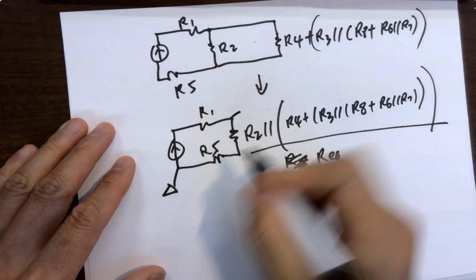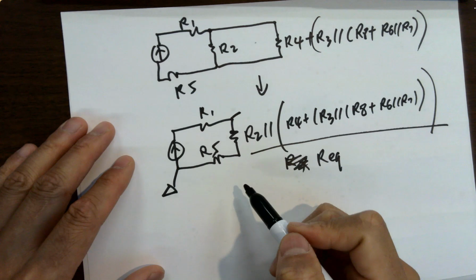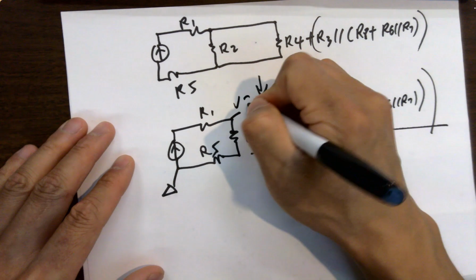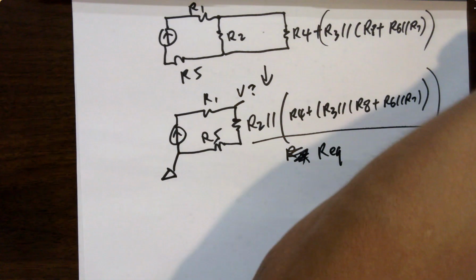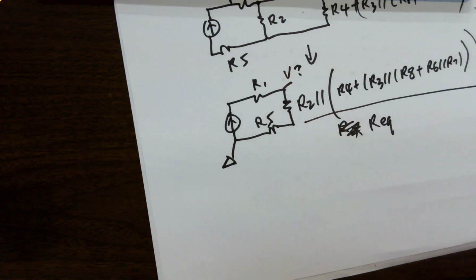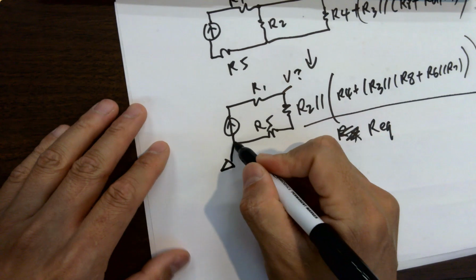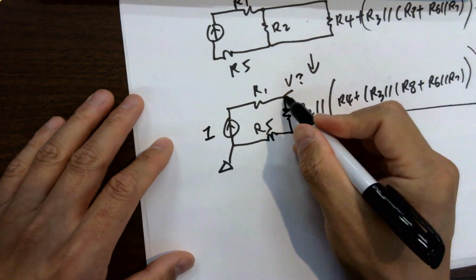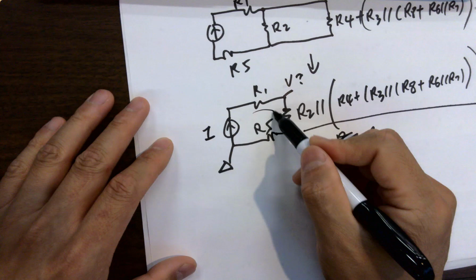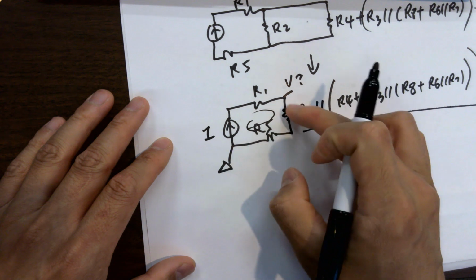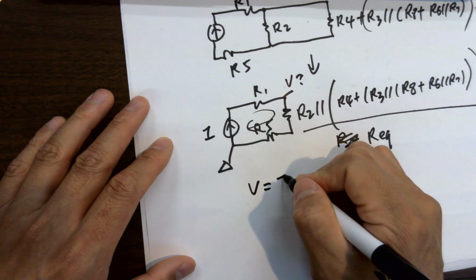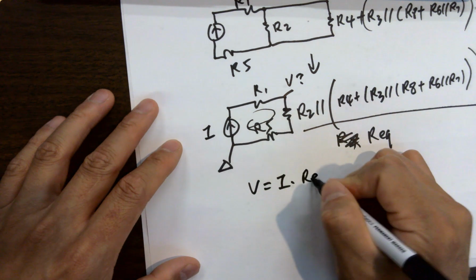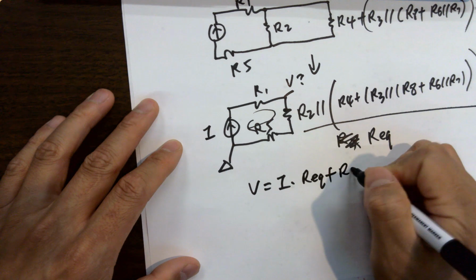Okay, so here's the voltage I'm asking for. What is the voltage? If I ground here, this is I, right? So the voltage here will be the current flowing through these 2 resistors combined. So V equals I times R equivalent plus R5.